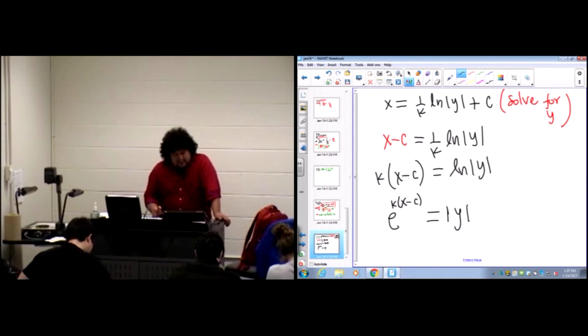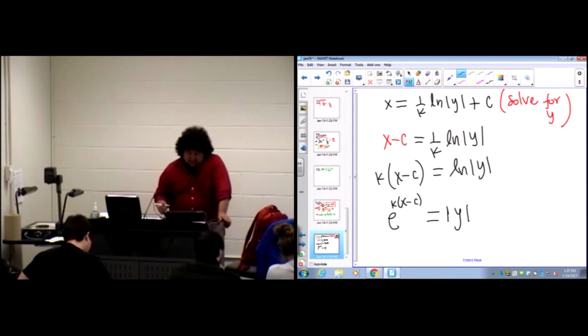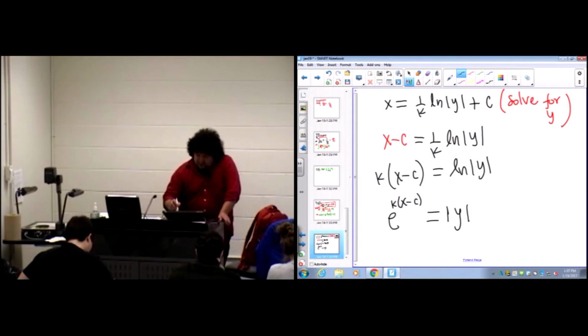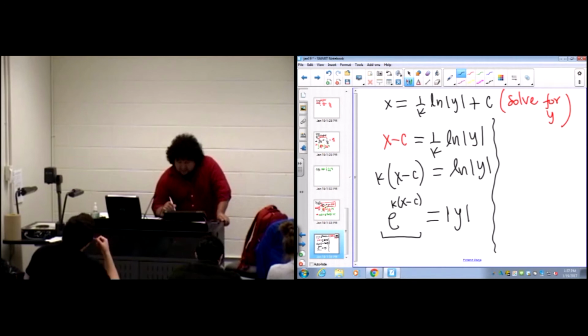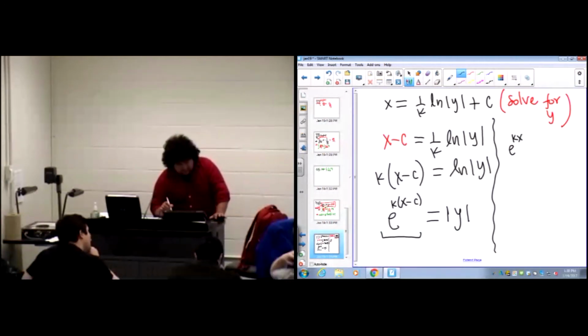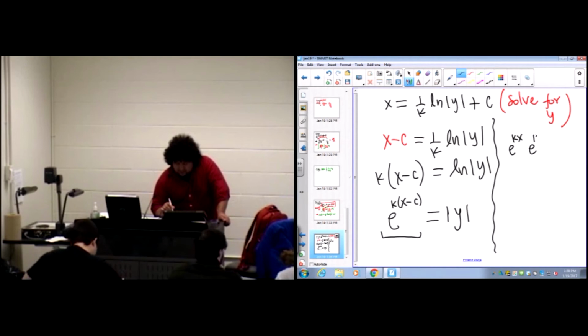So the thing is that this expression on the left-hand side, because of properties of exponentials, looks like e to the kx times e to the negative kc.